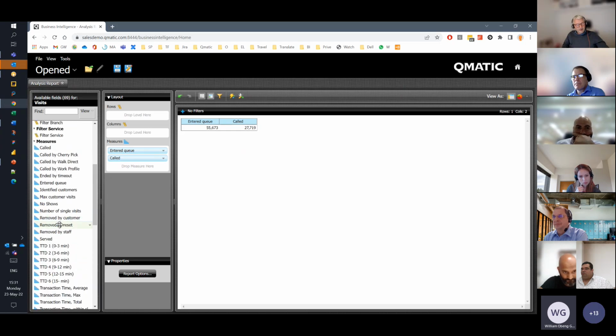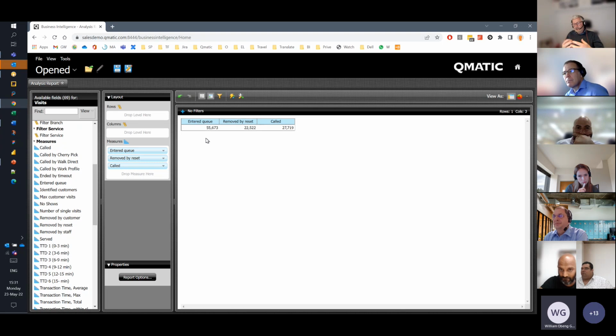I can say how many are removed by reset. Because at the end of the day, the system resets, and if there are still people in the queue, they're just removed from the queue. So in this case, I have a lot of reset customers. In normal situations, that number should not be that high, because if it is, then you really have a problem. Normally, how many are removed from the queue is like 1 to 5% or something.